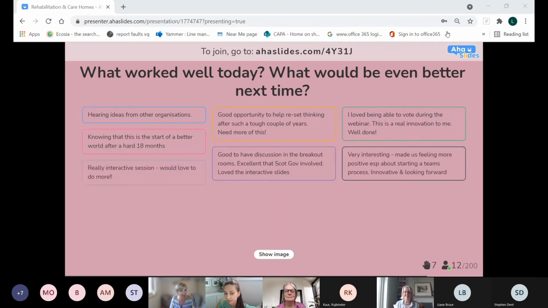It's doing it together, in terms of trying to improve rehabilitation for people who have access to the care sector.